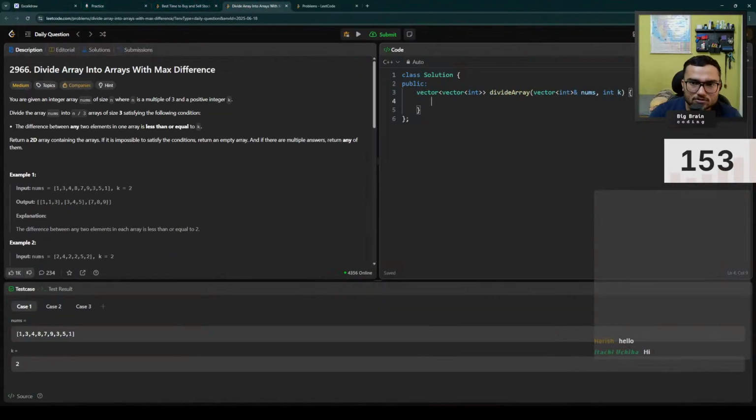Okay, if I just do sort nums, begin nums dot end, what happened to my typing?